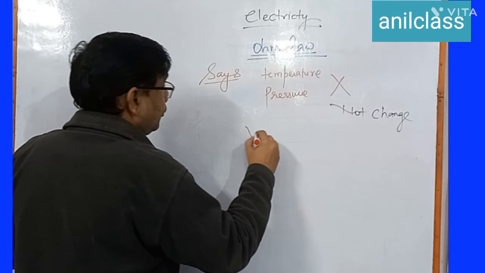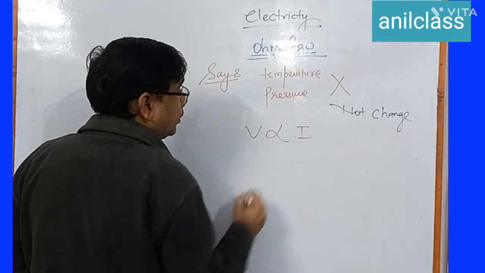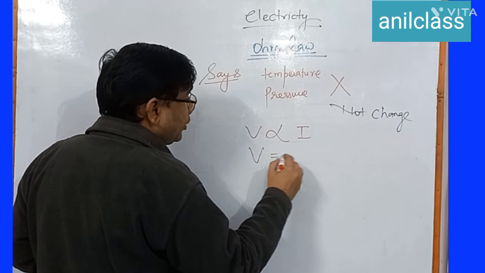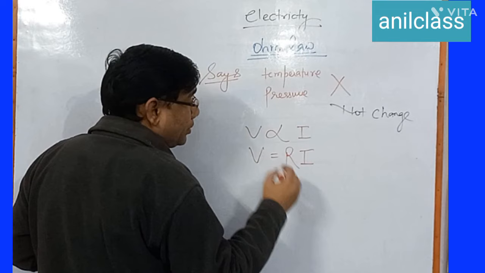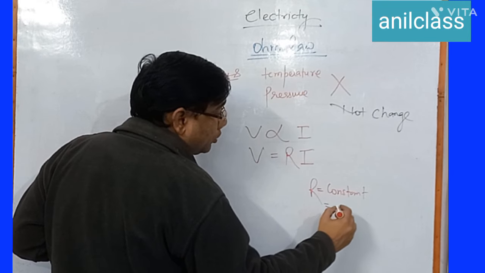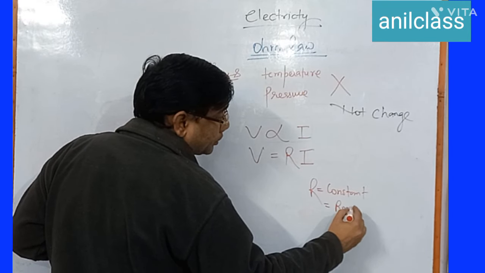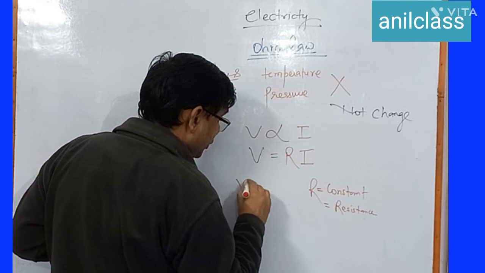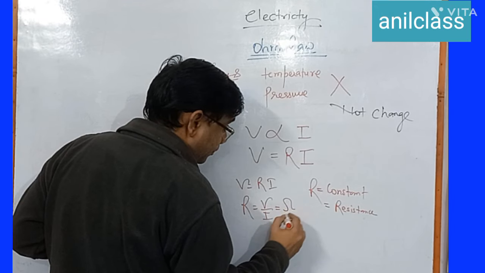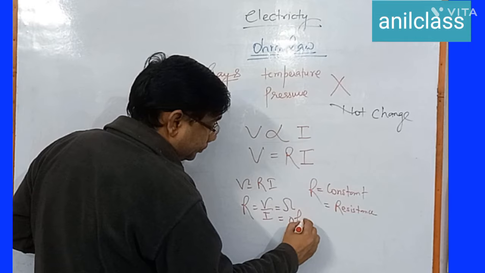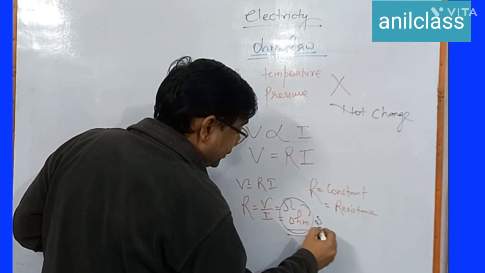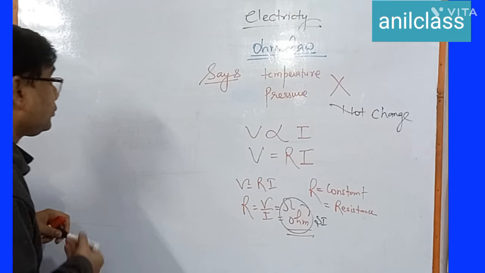So V is proportional to I. You also know that when a proportionality is removed, a constant is always applied. So R is a constant, called resistance. So V is equal to RI and R is equal to V upon I, and the unit is ohm. This is the symbol of ohm, the SI unit.